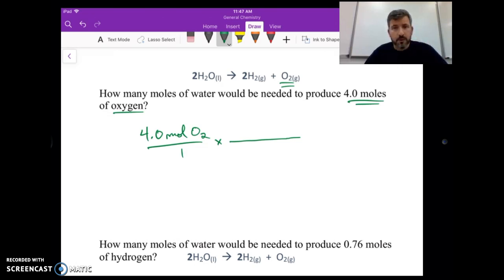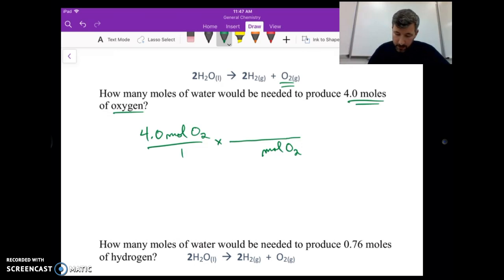So if you remember from unit conversions, the unit we're trying to get rid of has got to go on the bottom, in the denominator of the second fraction. So right now, I've got moles of O2. So moles of O2 would have to go on the bottom. So just like if I were converting centimeters to meters.